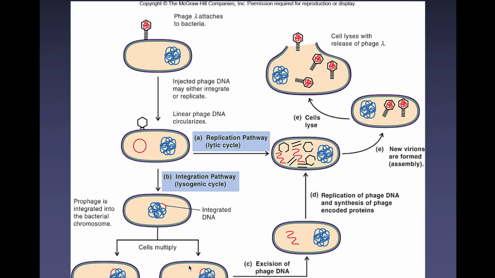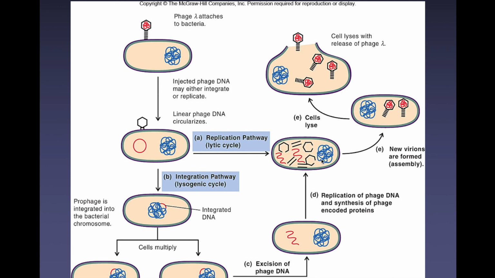And so we have herein another example of vertical transmission, right? Vertical transmission of this prophage DNA in this population. And the cells continue to multiply. If however, there is damage or stress to that cell, you can potentially have excision of that phage DNA, and that would lead to that phage DNA being excised out or cut out of the chromosome, and once it's released, it will progress into a lytic infectious process.